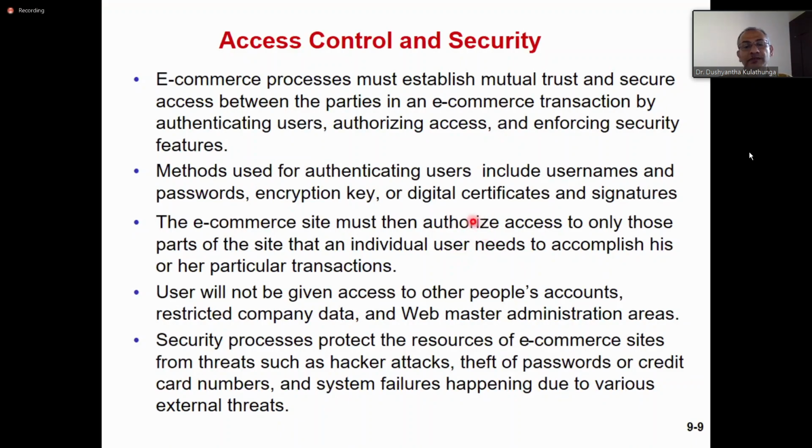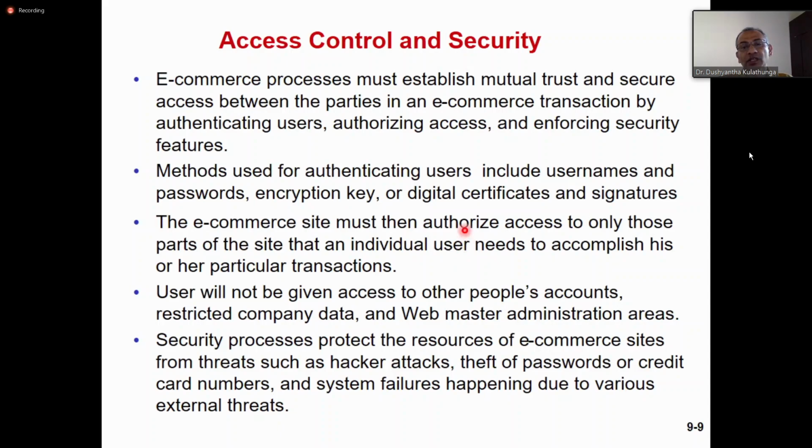Suppose it is a banking system, and a particular employee enters the system. The employee will have wide access. But if you are an internet banking user, the banking system will not allow you to access the accounts of other individuals, other customers.